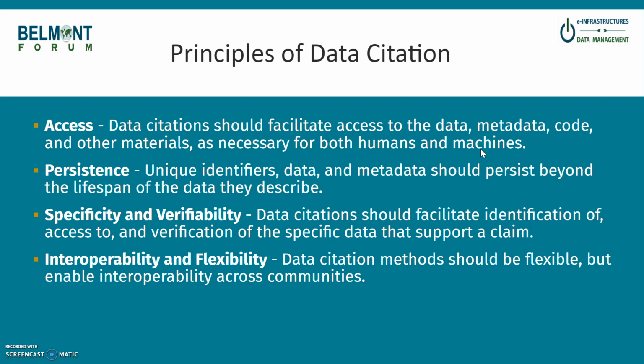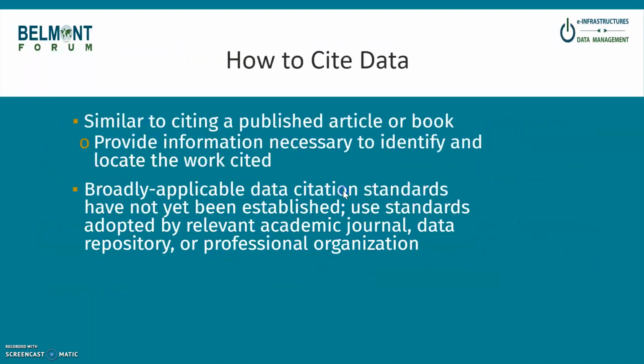It should be persistent. Unique identifiers, data, and metadata should persist beyond the lifespan of the data they describe. Specificity and verifiability. Data citation should facilitate identification of, access to, and verification of the specific data that support a claim. For interoperability and flexibility, data citation methods should be flexible, but enable interoperability across communities.